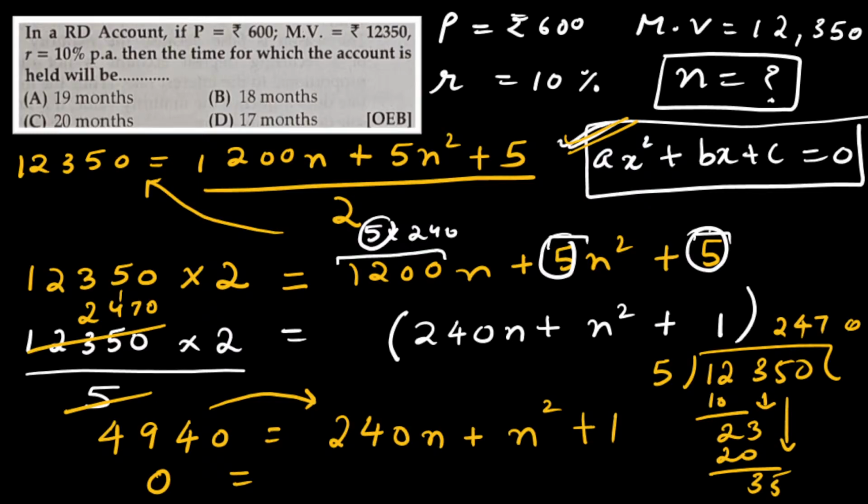As per my calculation, I am getting 2470 only. I'm not getting 24,700. I want some other students also to check here. Are we getting 2470 or should we get 24,700?